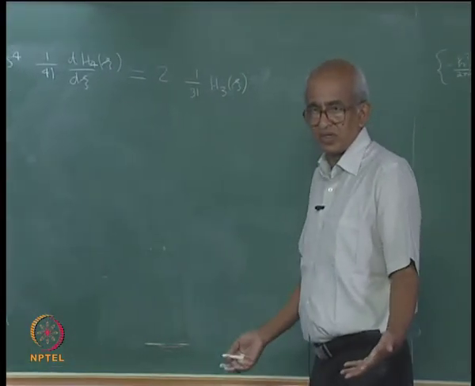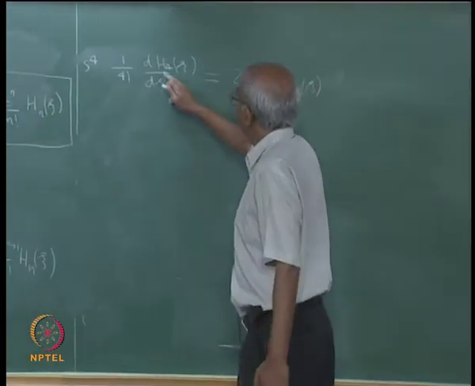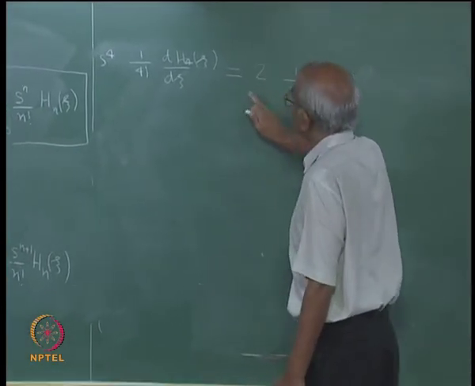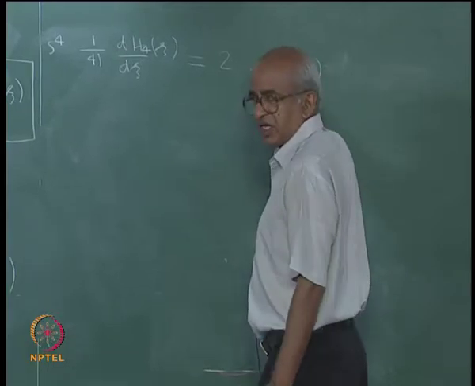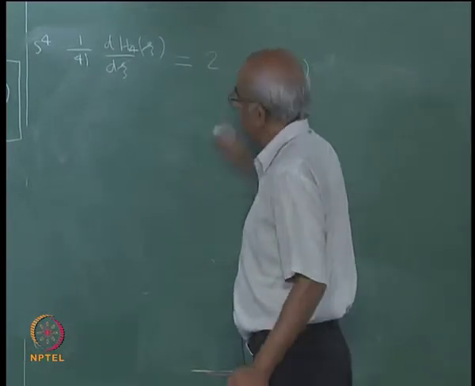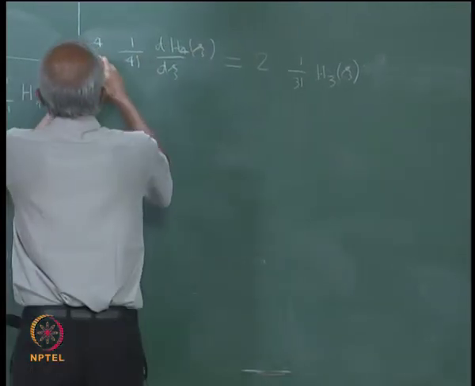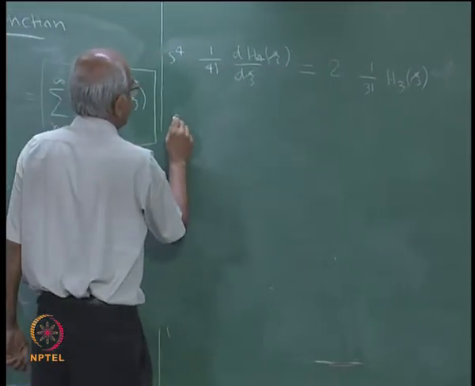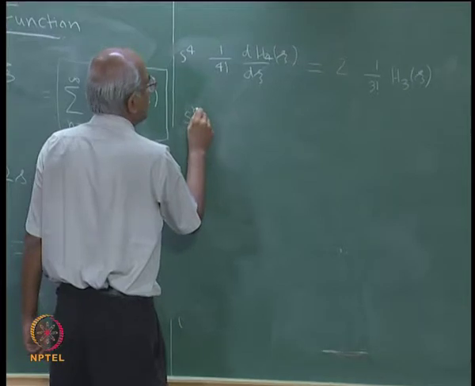This is what you are going to get. That means dH4 by dc is actually equal to something in terms of H3, right. So instead of equating the power of s to the power of 4, suppose I had equated the power of s to the power of n.